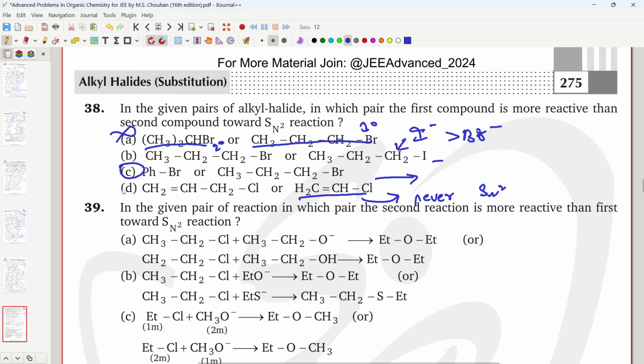So the first is faster. Even option D. Since the question asks in which case the first is more reactive, both C and D satisfy. So the answer is probably both of them.